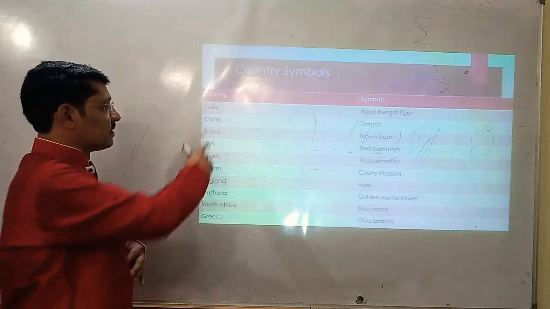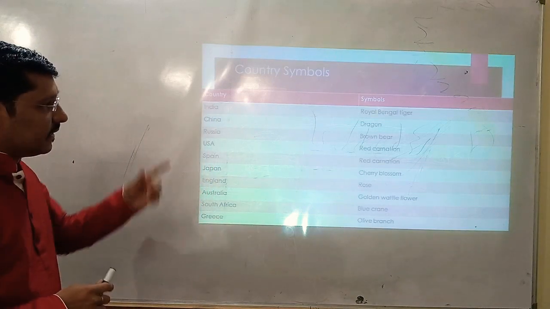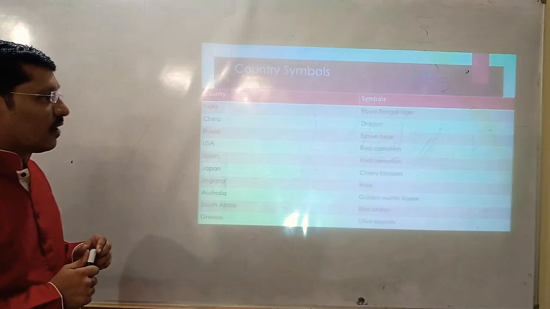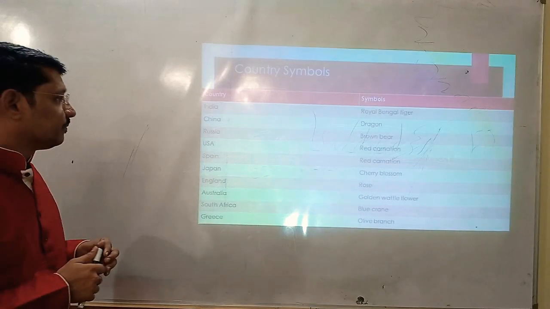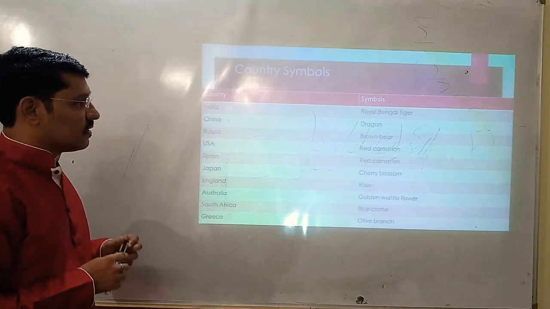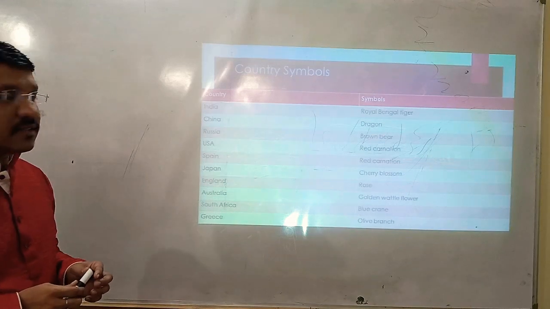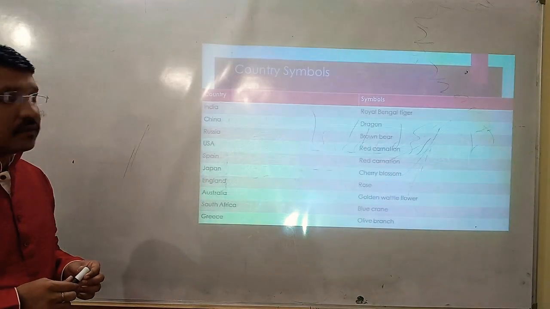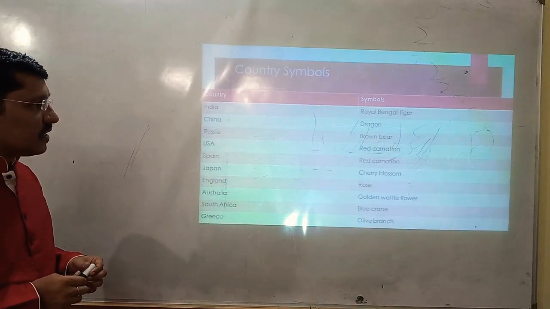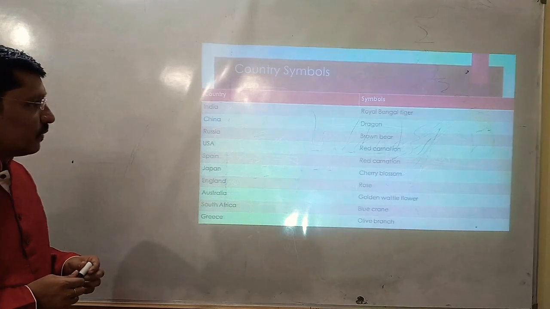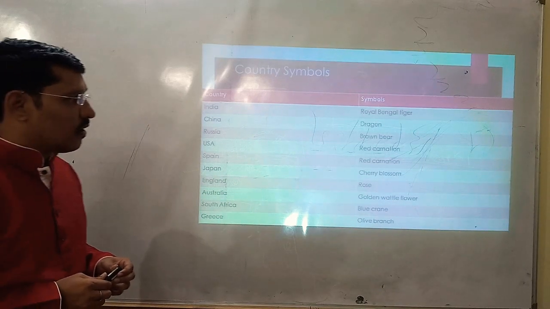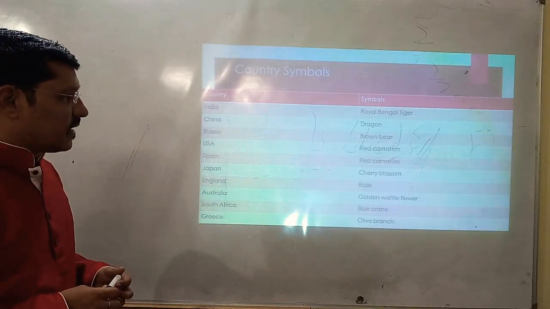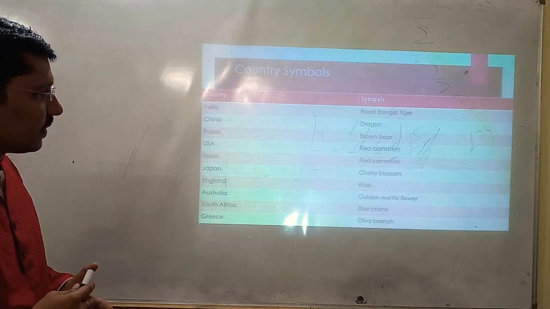Then first one is our nation India. India's national symbol is the Royal Bengal tiger. The next one is China, whose national symbol is the dragon. Then Russia, brown bear. USA, red carnation. Spain, red carnation.